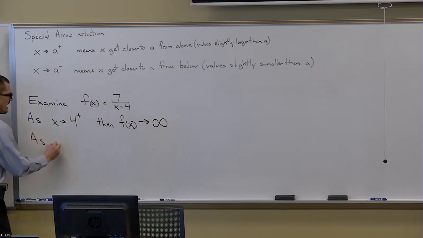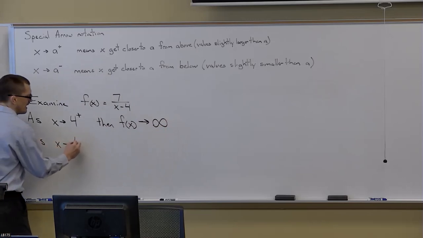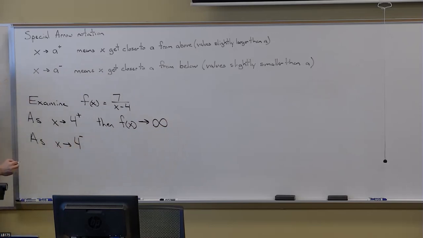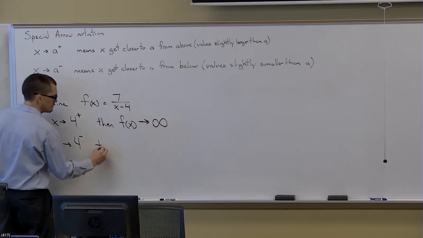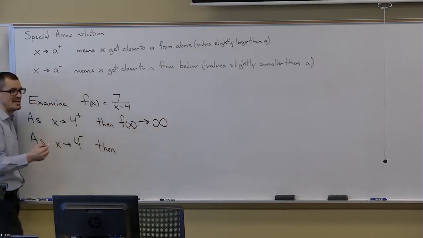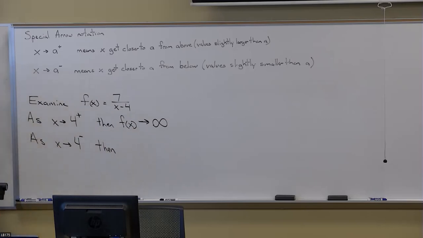And the exact opposite happens if x goes to 4 from below. If my numbers are slightly smaller than 4, the denominator is going to be negative. It's going to be negative 0.1, negative 0.01, negative 0.0001.